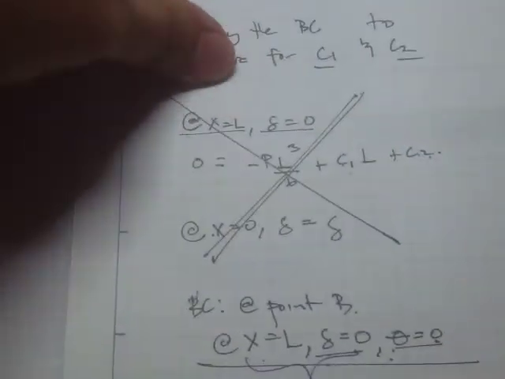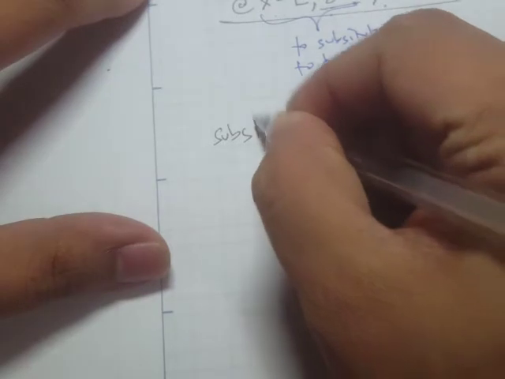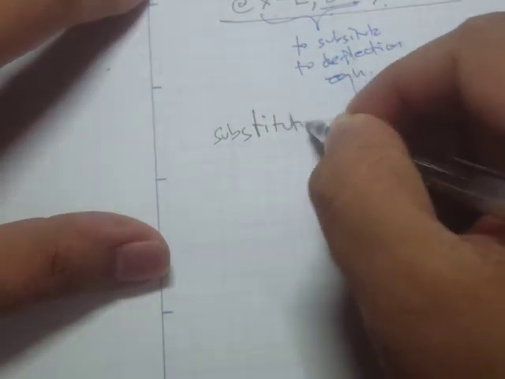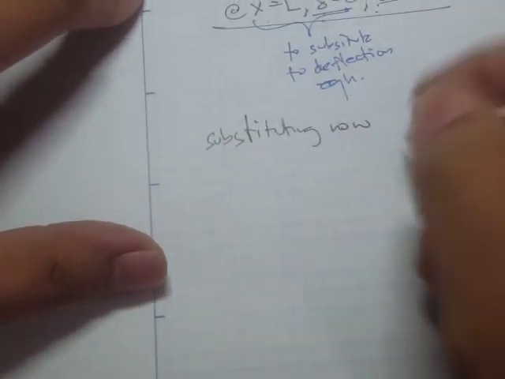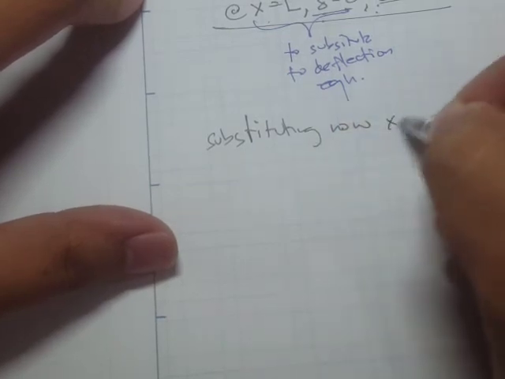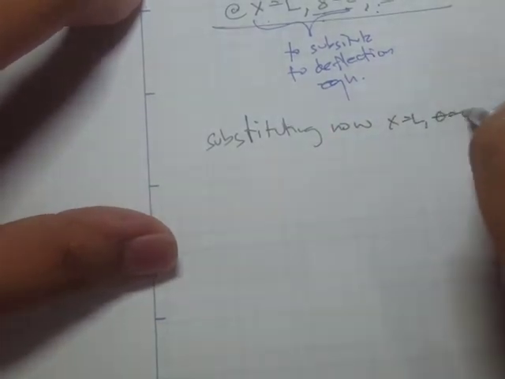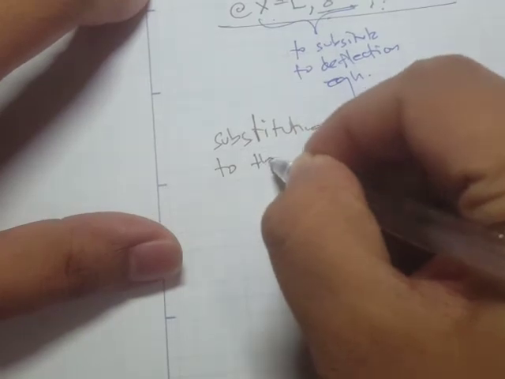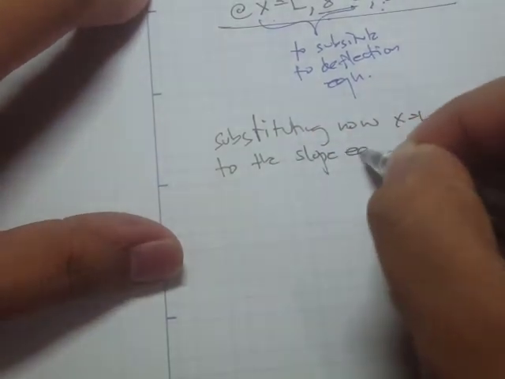Okay, so substituting now. Let's write it here. Substituting x is equal to L and theta is equal to 0 into the slope equation. So here's our slope equation.